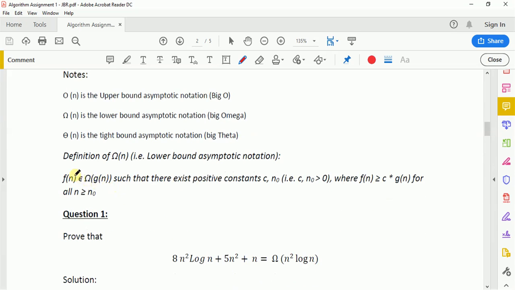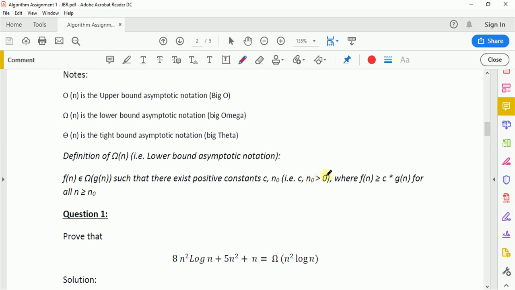What we have here is f of n is a member of omega g of n such that there exist positive constants c and n0, that is, c and n0 are greater than 0. Some texts have this as there exist c and n greater than 0; some texts state it as positive constants c and n0.